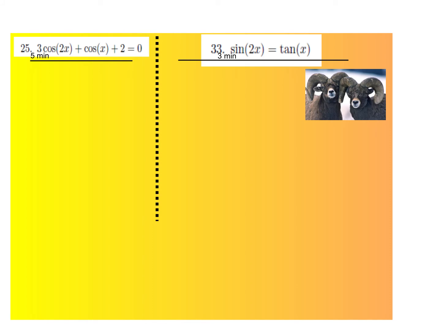So everybody turn to the yellow page. And one of these things is not like the others. Number 33. Why? Yes, sir. Yes, the first one we've ever had with tangent in it.